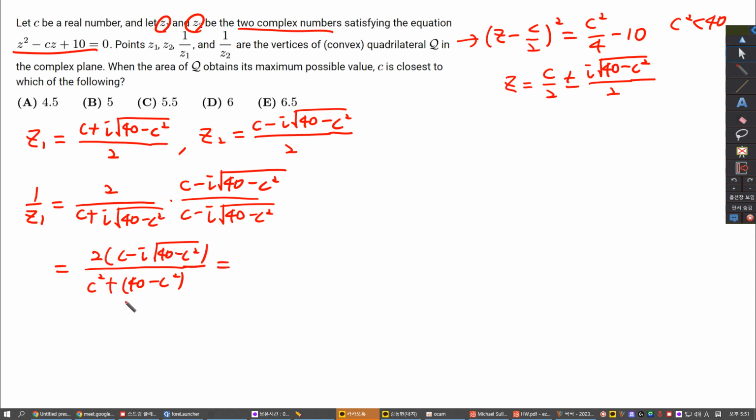So 1 over Z1 is Z2 divided by 10, because actually Z1 times Z2 is 10. So that means 1 over Z2 will be Z1 over 10.